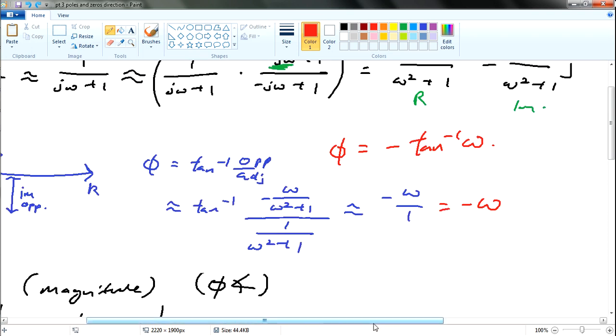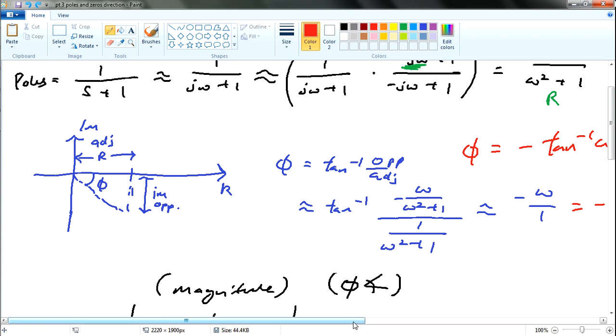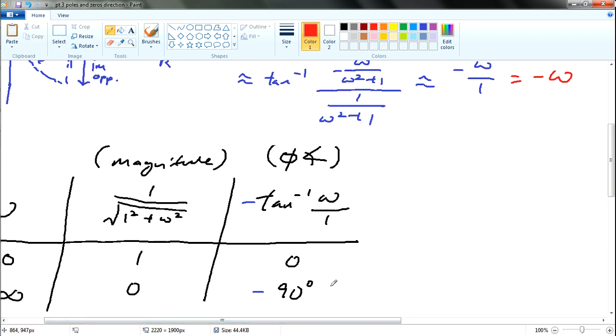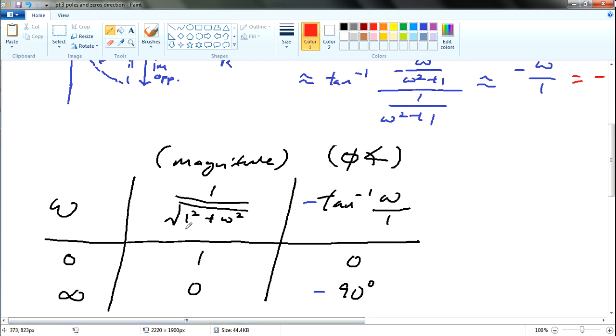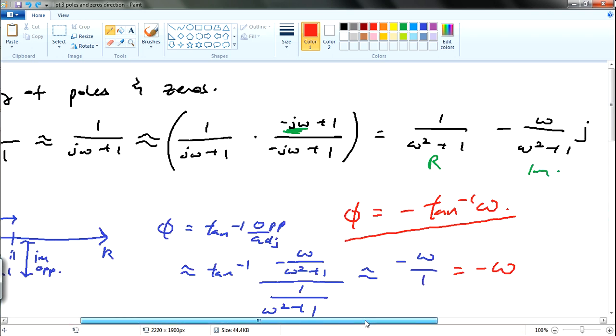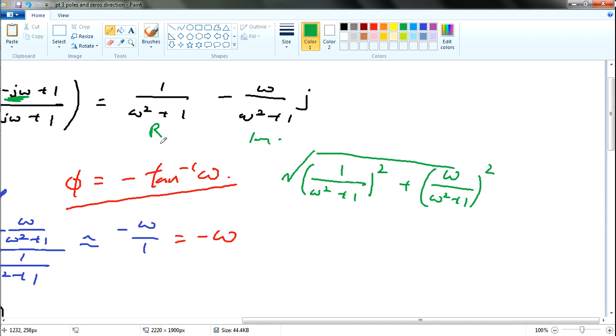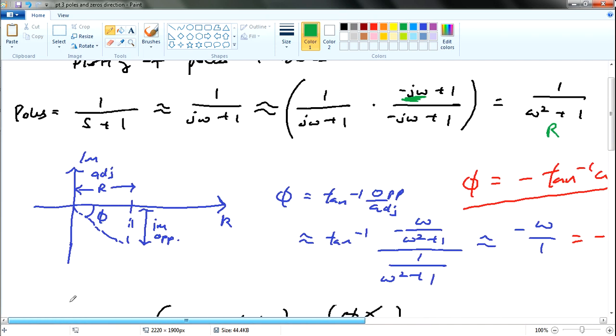Let us take a look. Perhaps with this, since I know that the phase angle is equal to minus tangent inverse omega, and I have a magnitude of square root of 1 square plus omega square, because as you can see, the magnitude itself, if you want to take a magnitude, is just taking the real times real square.